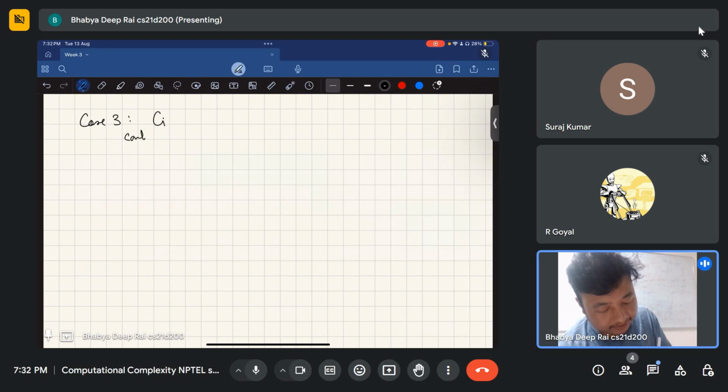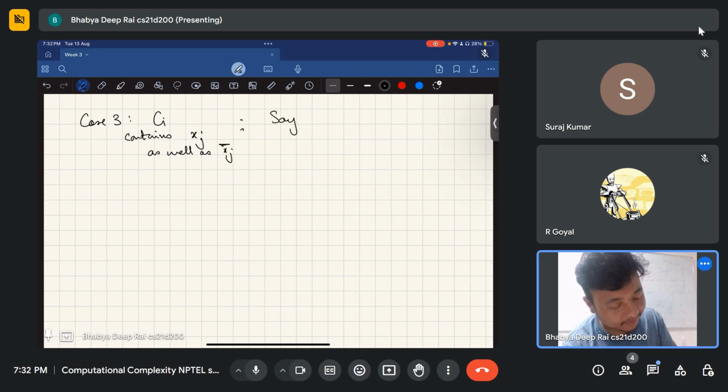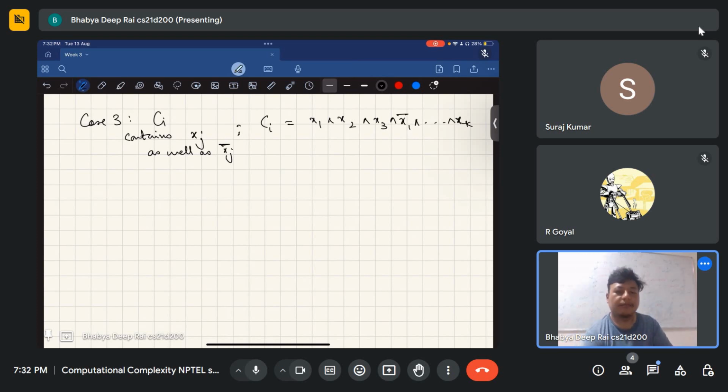Ci contains xj as well as xj bar. Then we are sunk. Suppose Ci is something like x1 and x2 and x3 and x1 bar and so on till xk.